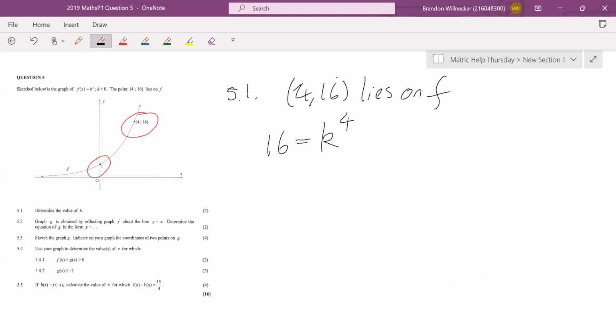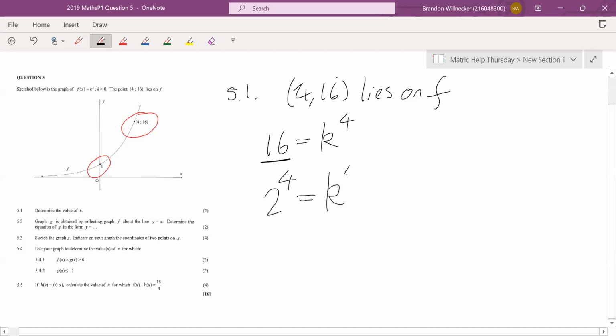So what we can do is reduce this base 16 to the smallest base that will help us. In other words, what is the smallest factor of 16 that we can use as a base? Well, that's going to be 2. So in this case, we can write 16 as 2 to the 4 is equal to k to the 4.